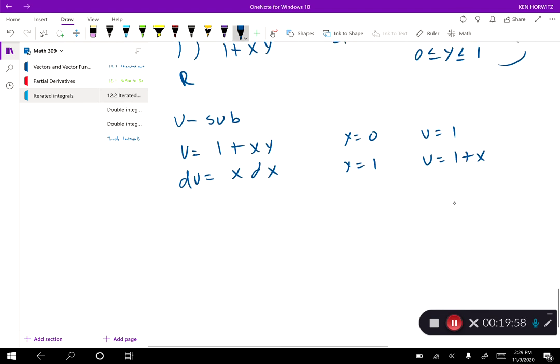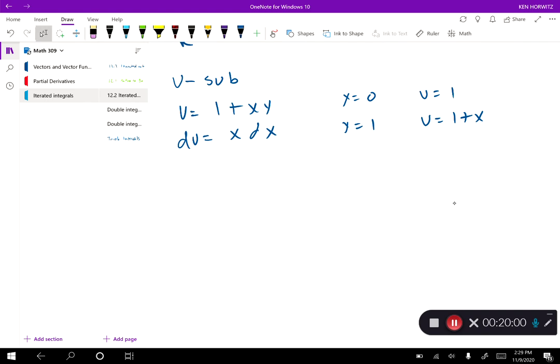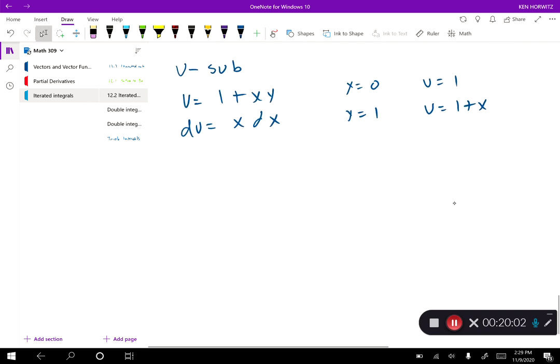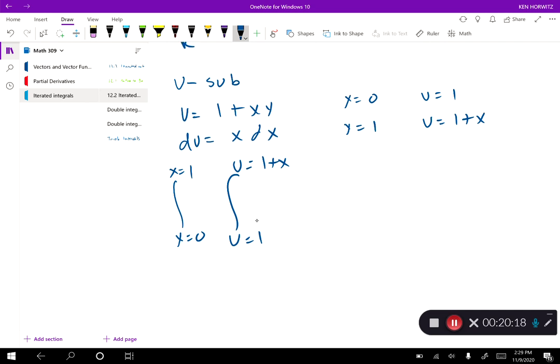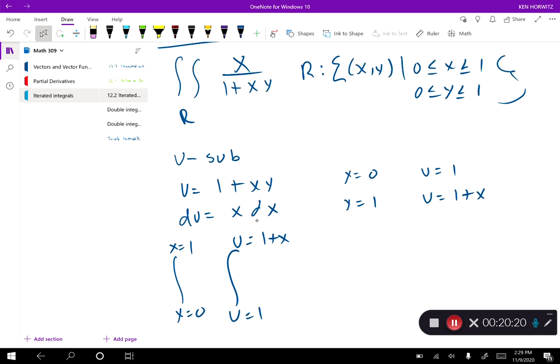So now when I write my integral, I'm not going to write y limits because I'm using u instead. I'm going to write u limits. So x equals 0, x equals 1, u equals 1, u equals 1 plus x. And now I'm going to look back at my surface and make my substitutions.